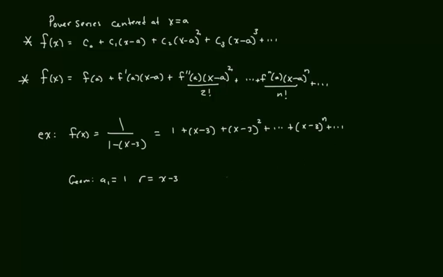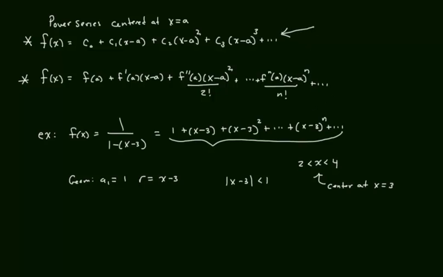And that will converge for the absolute value of x minus 3 less than 1, which leads to 2 is less than x is less than 4 as the interval of convergence, which then has a center at x equals 3. One meaning of it is the middle of the interval of convergence. The other meaning is we see the form this is written as, which is this form here, which by definition says a power series centered at x equals 3.